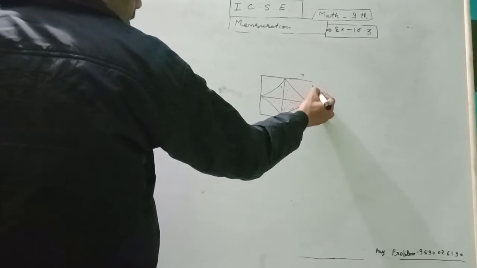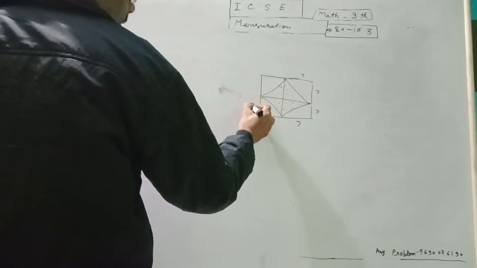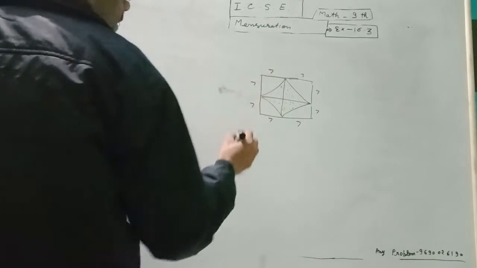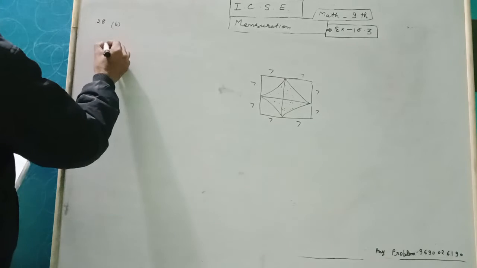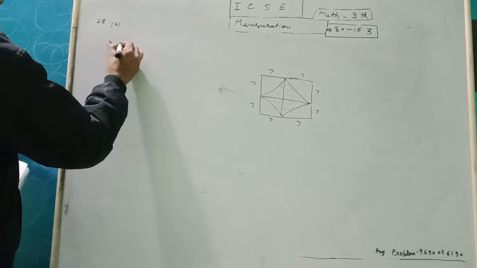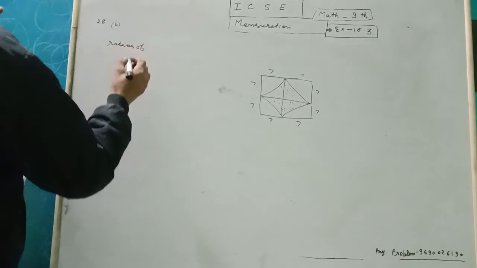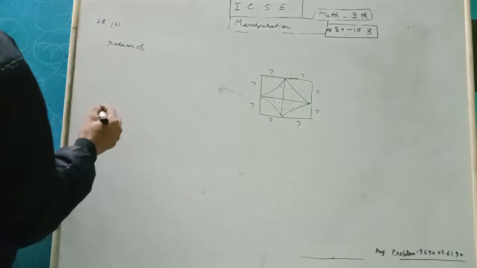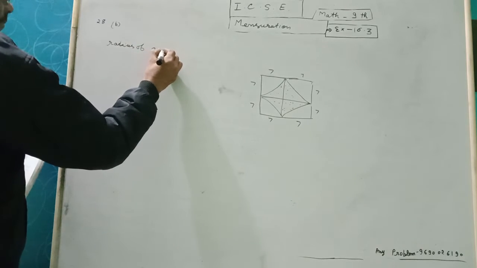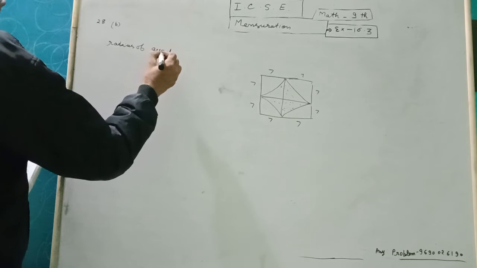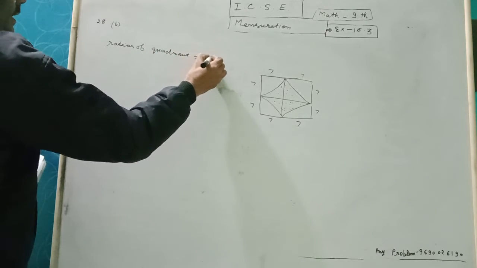Radius 7, 7, 7. This way we make the radius of the quadrant equal to 7 cm.